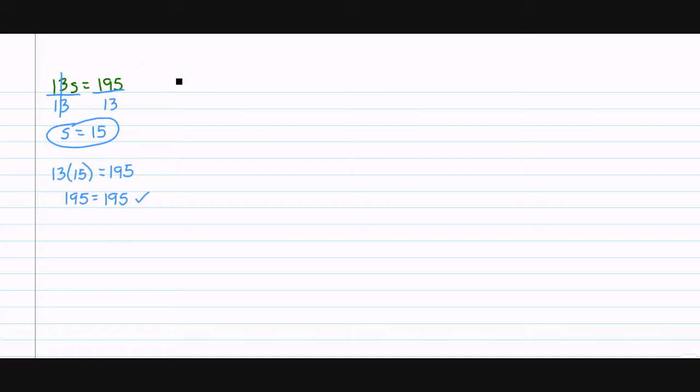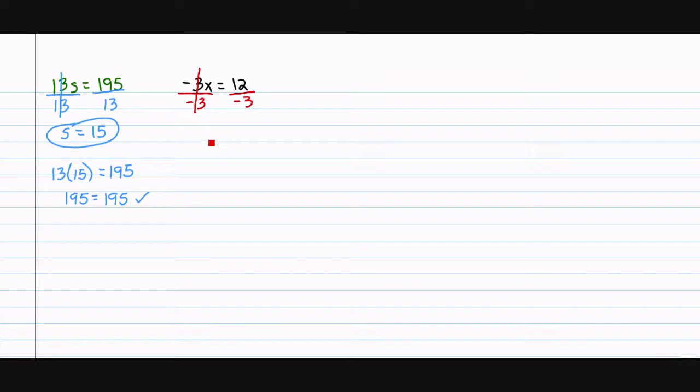Let's do another one. Negative 3x equals 12. The negative 3 is connected to the x through multiplication. The opposite of multiplication is division. So I'm going to divide both sides, because what you do to one side, you do to the other side.